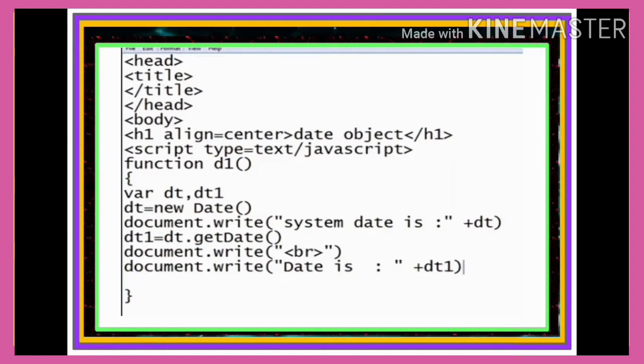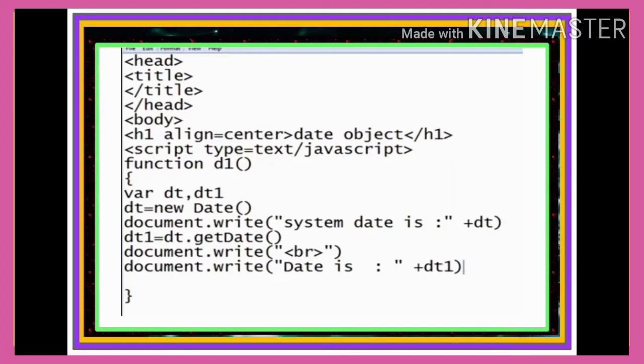document.write system date is dt, print the value of dt. Then in next line dt1 equal to dt.getDate function. document.write br tag to display the contents in the next line. And last document.write date is dt1.